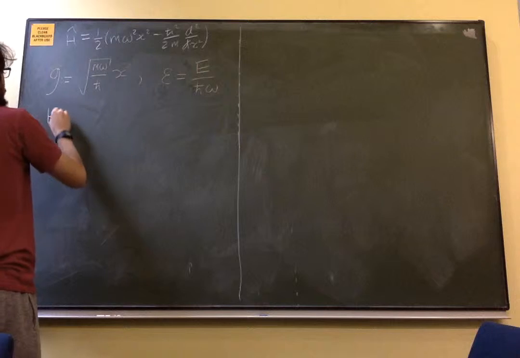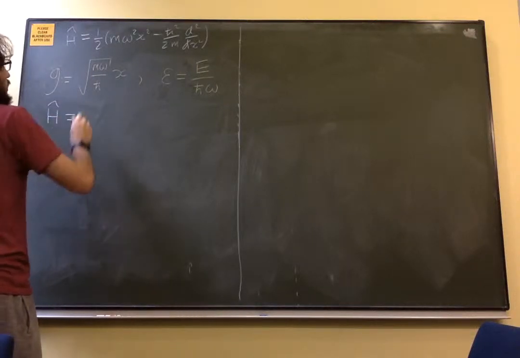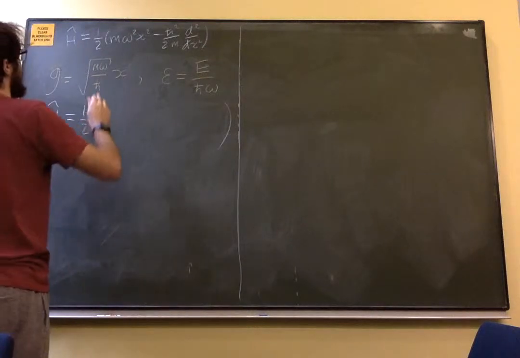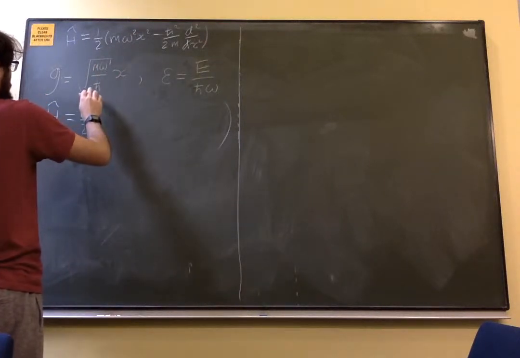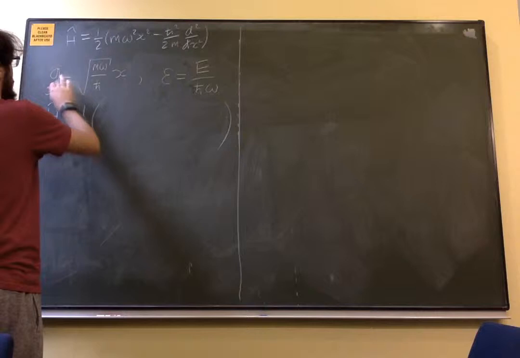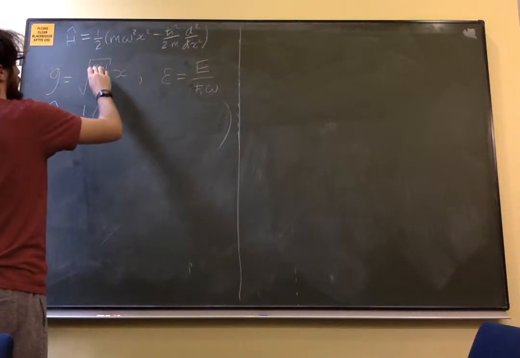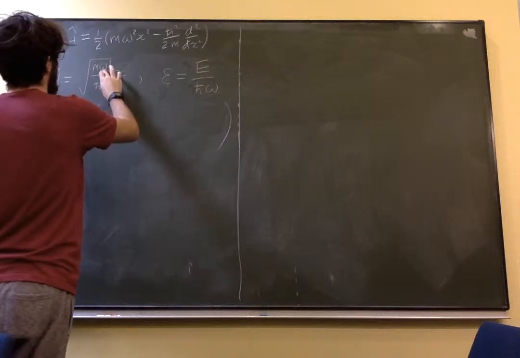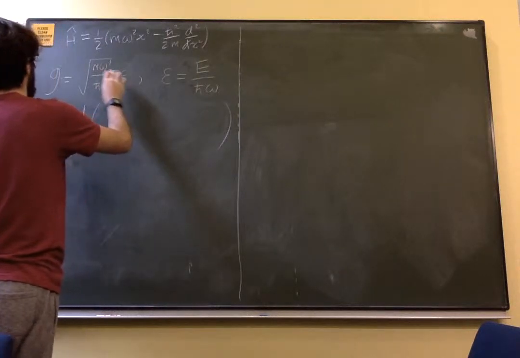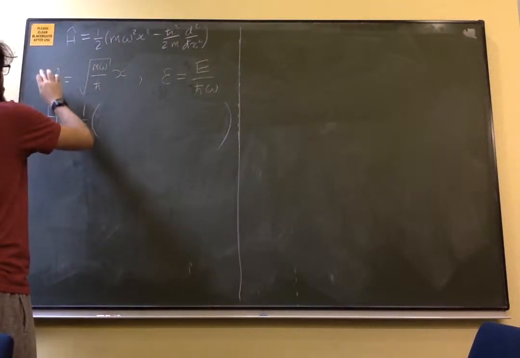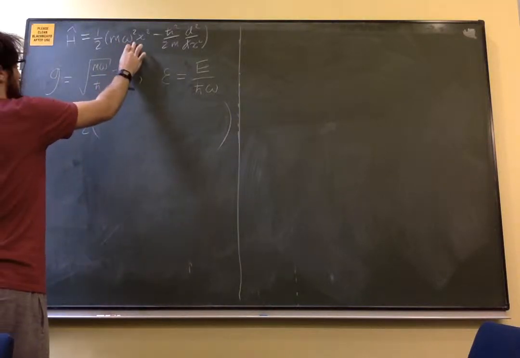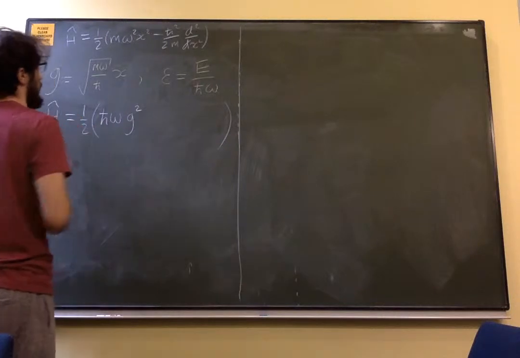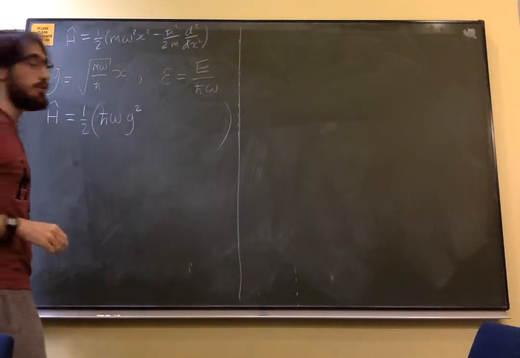So there's a prefactor of half multiplying everything. So what is this? This is going to be, so I take the square on both sides. I get m omega, okay, m omega x squared is equal to h bar G squared. But then I have an extra factor of omega, so I have h bar omega G squared. So that's this, when I make the substitution.